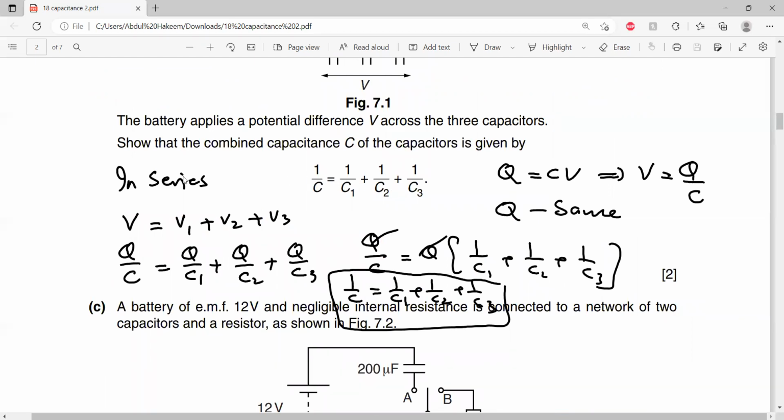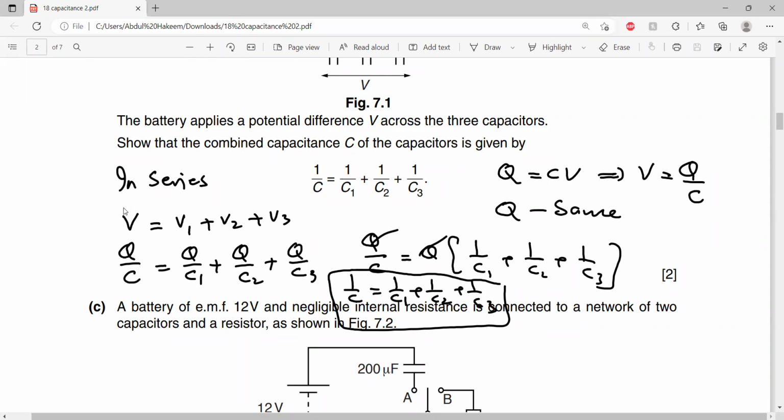So we will start: in series, voltage divides. So V1 plus V2 plus V3 is equal to V. But in a capacitor, Q is equal to CV, meaning V is equal to Q by C. And in series, the charge remains the same.